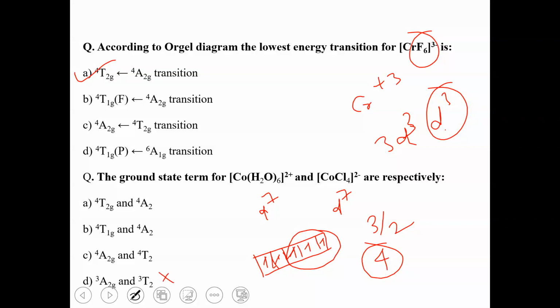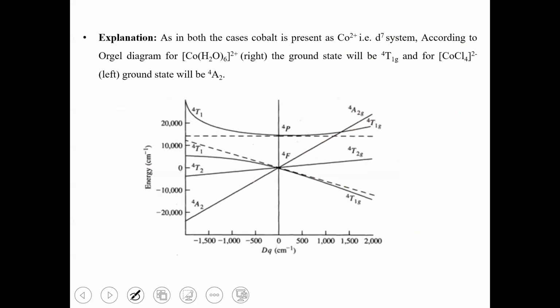Select among these. Here is the orbital diagram. For the ground state of the d7 octahedral system, you refer to the right part, and for the tetrahedral system, you refer to the left part.